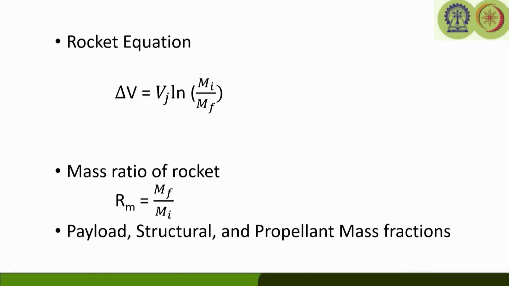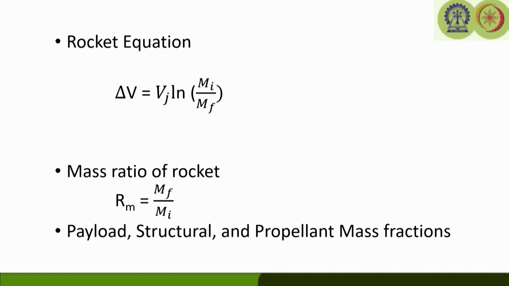And we know that in order to give high velocity to the vehicle, we need to give it in increments, and that is why this delta V incremental ideal velocity is an important equation. Now, we should also appreciate that this incremental velocity cannot be given in one stage or single stage.